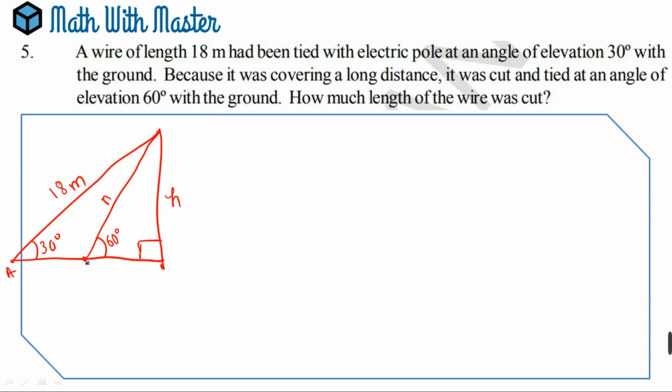This as point A, this as point B, this as point C, this as point D. So firstly we let CD be equal to H, and BD be equal to N. Now a thing common in both is H. So we can first find the value of H from triangle ACD, and after that we can substitute.